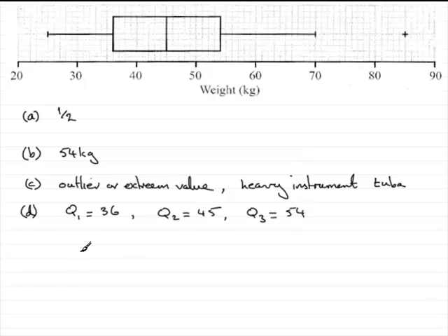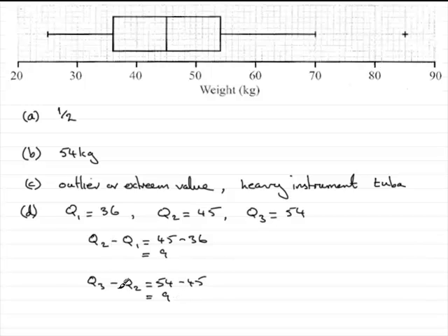Now what you need to work out is the difference between Q2 and Q1. So Q2 minus Q1 is going to be 45 minus 36, and that comes out at 9 kilograms. And you also need to do Q3 minus Q2. So if you do Q3 minus Q2, you've got 54 minus 45, and you can see that too is 9.